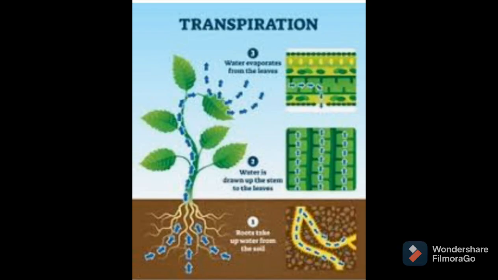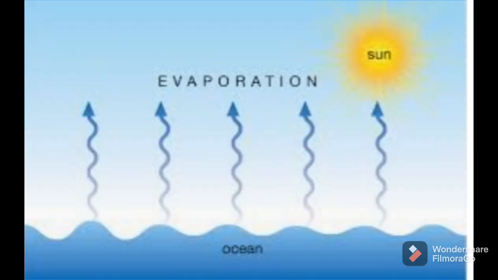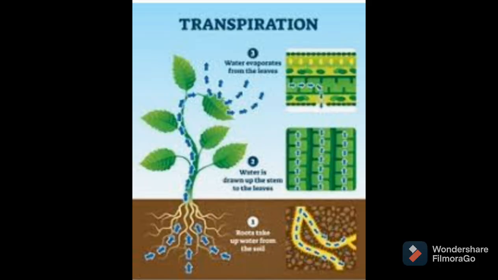Plants also convert water into water vapors through the process of transpiration, and we have discussed transpiration in my previous video lecture. So these are the two main processes due to which water vapors escape into the air. Which two processes? Evaporation and transpiration.